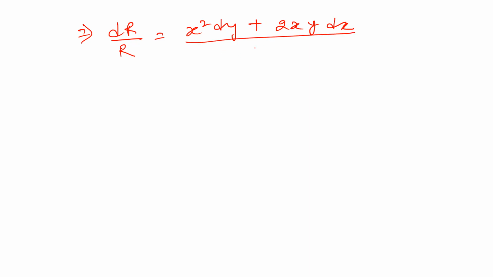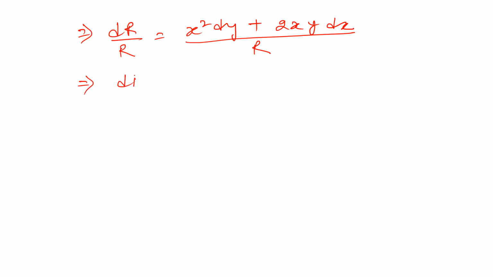And in this slide I will write down the previous expression at first, that is dr/r equal to x square multiplied by dy plus 2xy multiplied by dx, divided by r. Okay. अक्सर क्या होता है ना कि जब हम लोग पेज को चेंज करते हैं, at that time there are some small errors. That's why I have just written the previous expression.